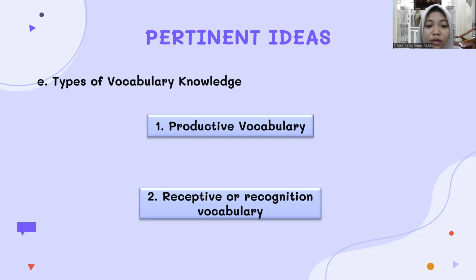The second is receptive or recognition vocabulary. Receptive vocabulary is words that the student recognizes and understands when they occur in a context but which he cannot produce correctly, and productive vocabulary is words which the students understand, can pronounce correctly, and use constructively in speaking and writing.